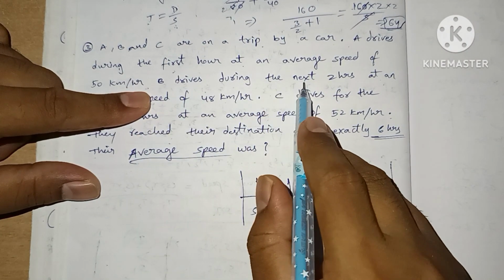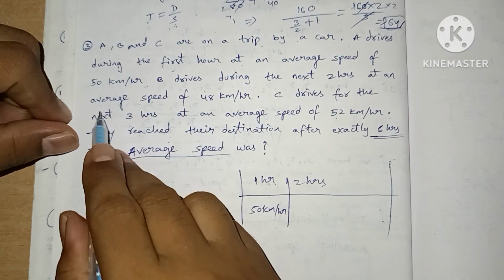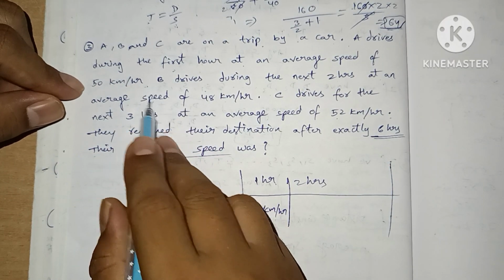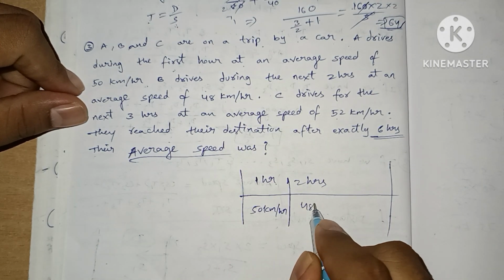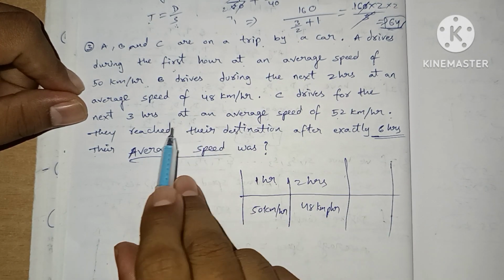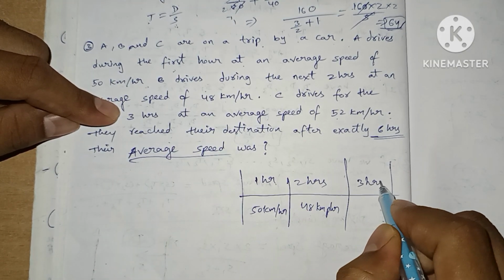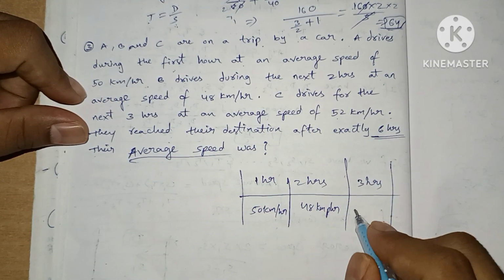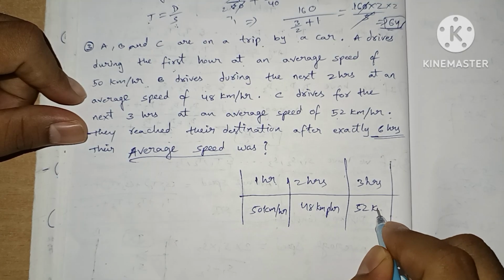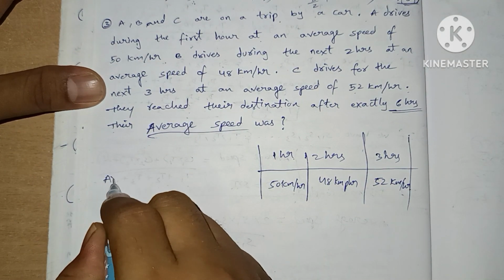Next, B drives during the next 2 hours at a speed of 48 kilometers per hour. Next, C drives for the next 3 hours at an average speed of 52 kilometers per hour. Now we need to find the average speed.